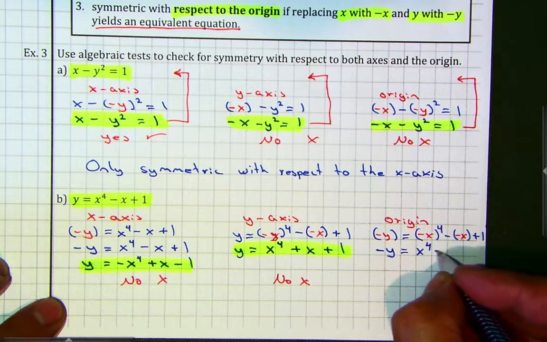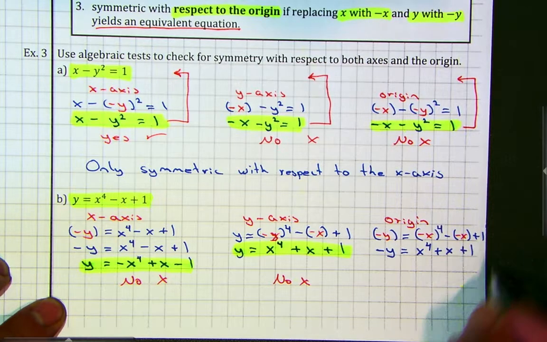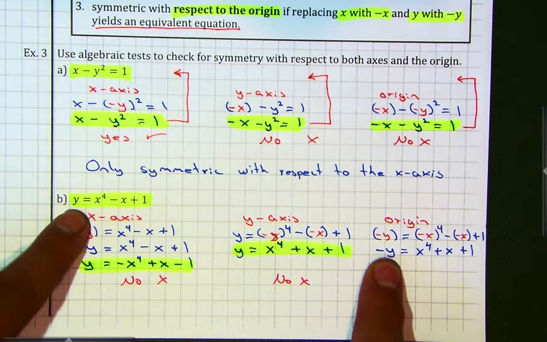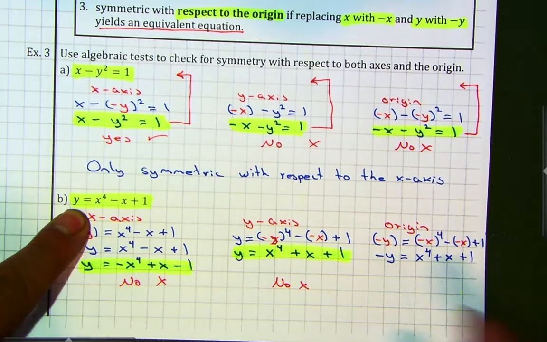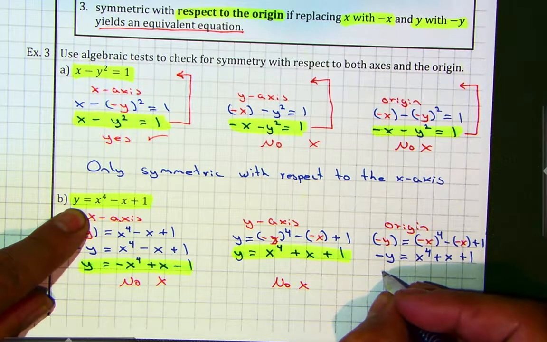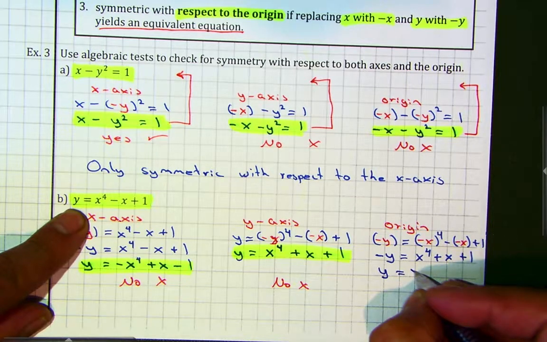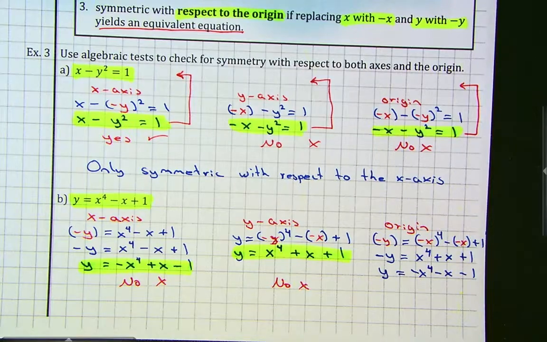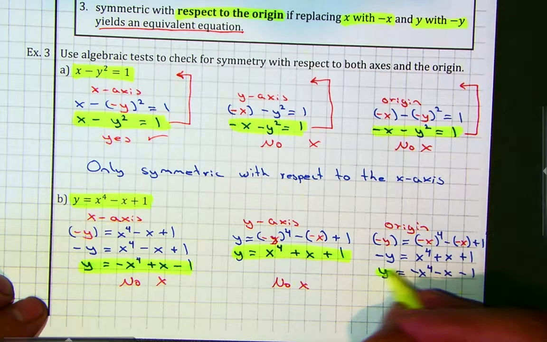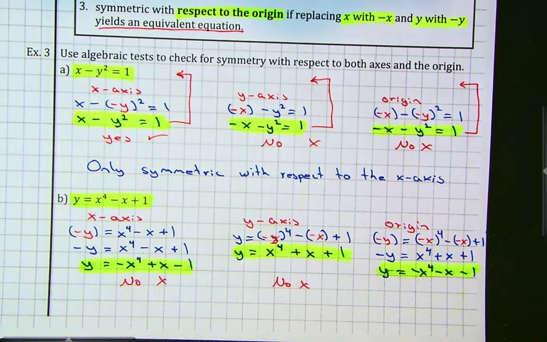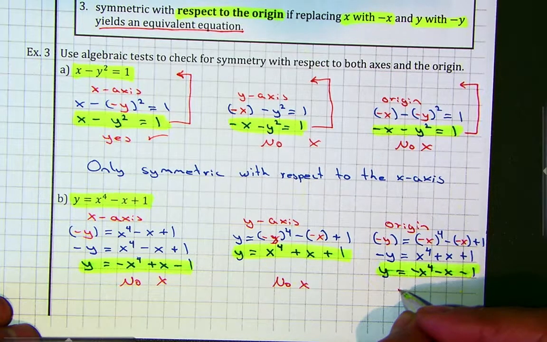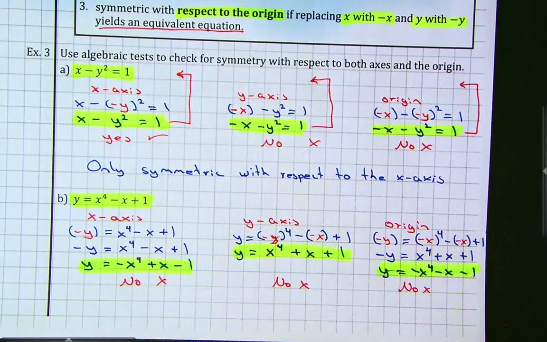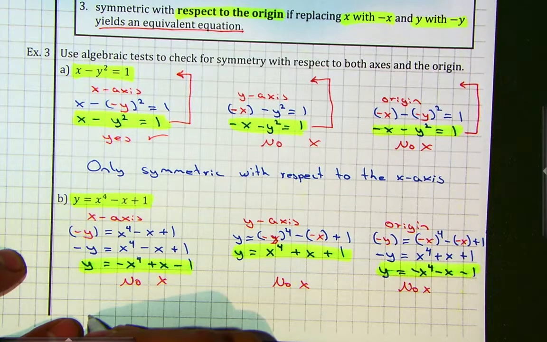Negative x becomes positive x, plus 1. I still want y equals, so I need to go through an extra step and multiply by negative 1. That becomes y equals negative x to the fourth minus x minus 1. Does that yield an equivalent equation? That's a no. So this graph is not symmetric at all.